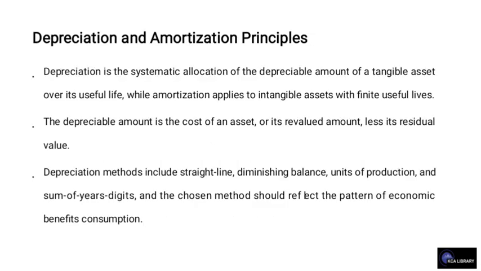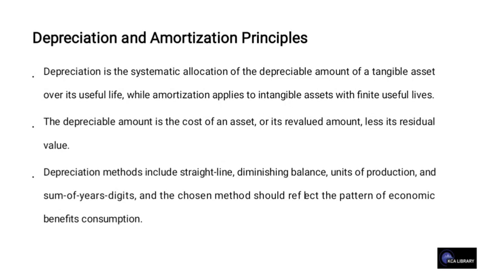Looking at the depreciation and amortization principle for PPE and intangible assets. Depreciation is a systematic allocation of the depreciable amount of a tangible asset over its useful life, while amortization applies to intangible assets with a finite useful life.